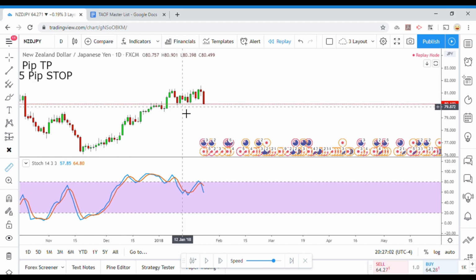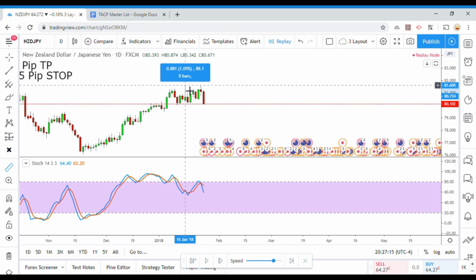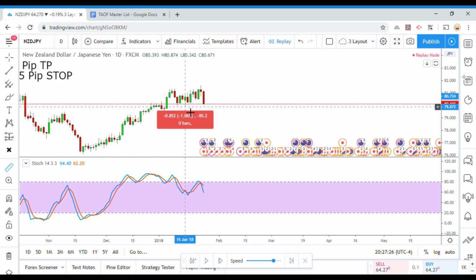Alright, so that chopped around quite a bit. Let's do some checking here. 135 is our high, and that would actually be our stop because we're going short. So no, it doesn't look like it hit there.